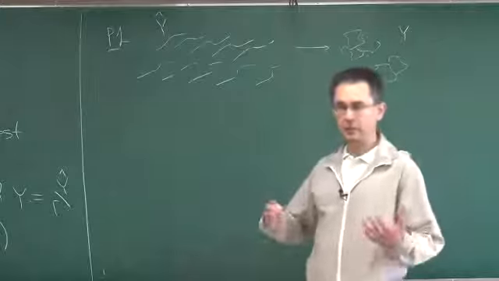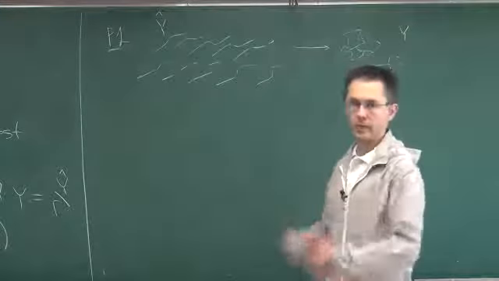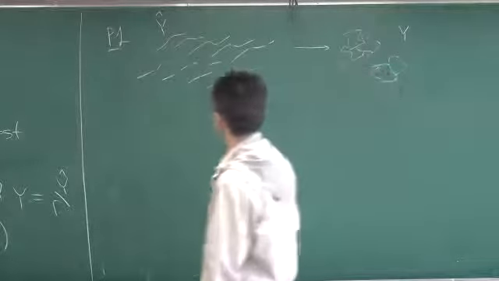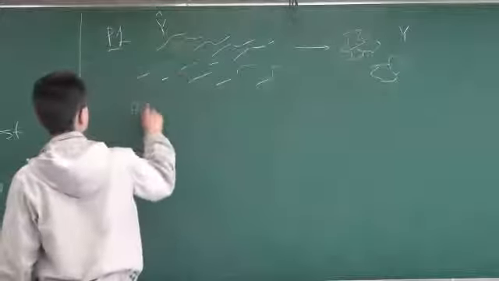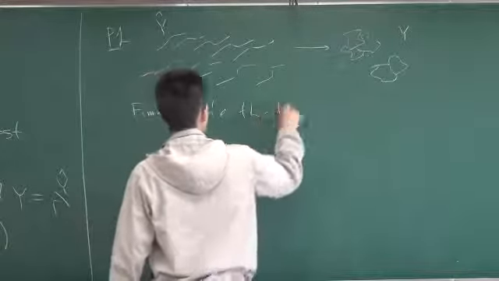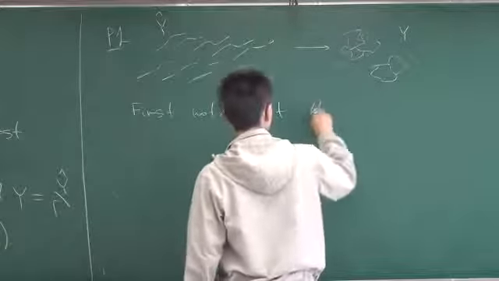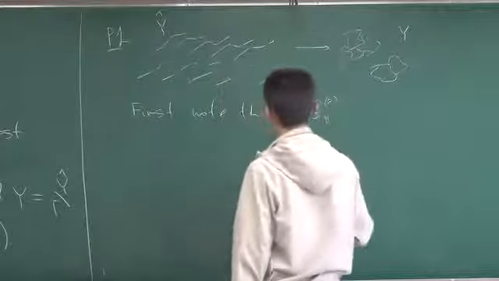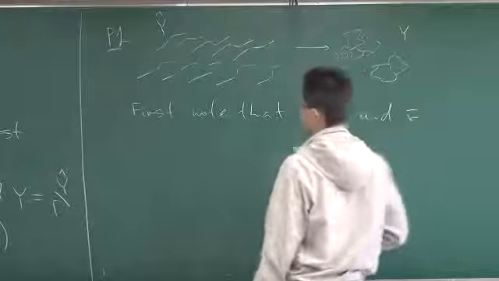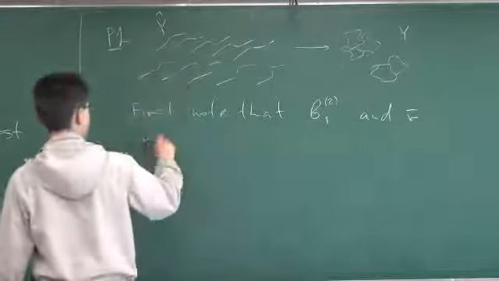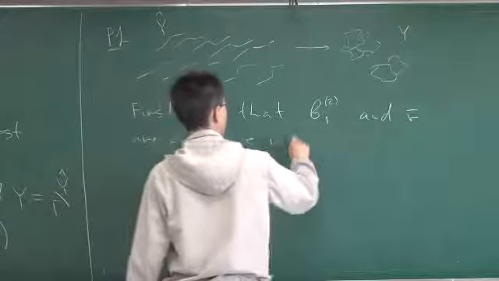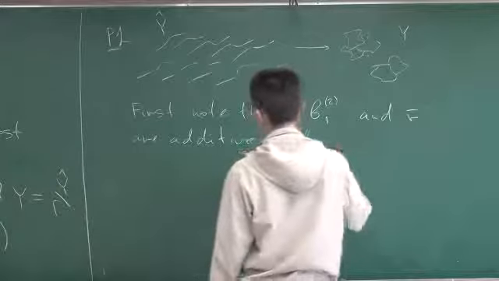First we want to reduce this general situation to the case when y hat is connected. So why is this? First, note that the L2 Betti number and the reduced rank are additive under disjoint unions.